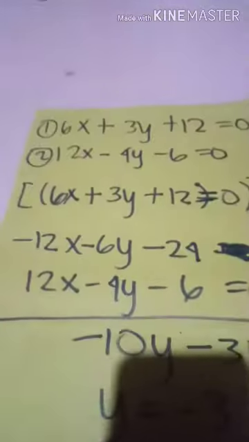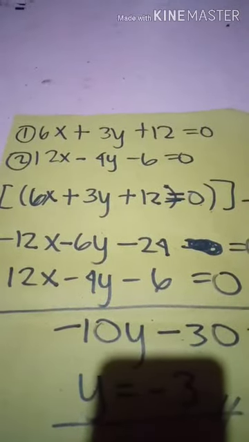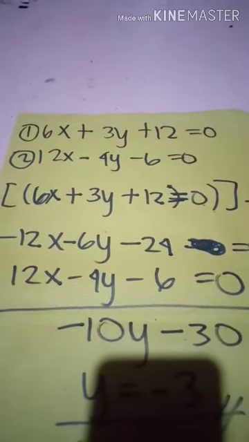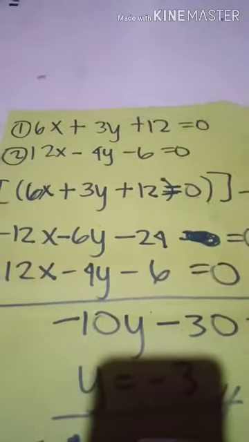So equation 2 is 12x minus, ang x to is positive 12, yung y is negative 4, nya equals to positive 6 since negative man siya.